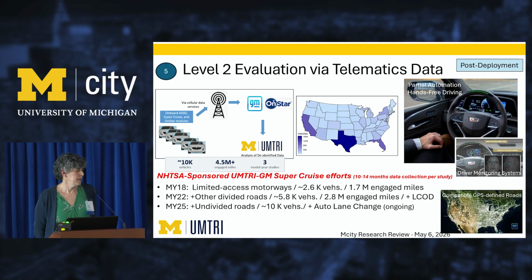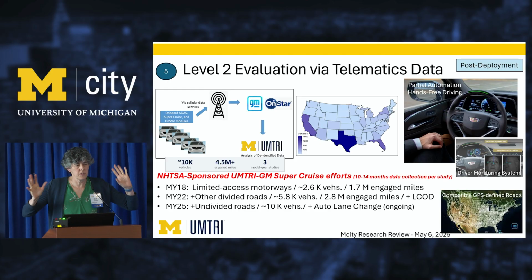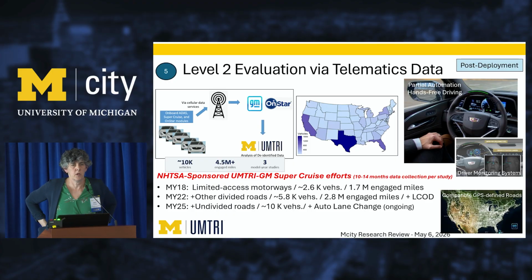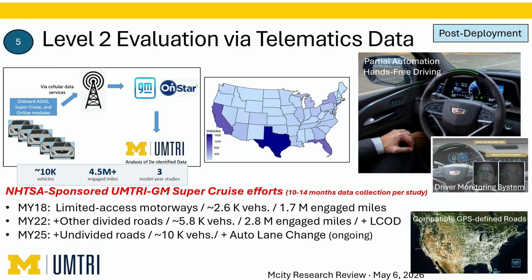All right. So the last few, again, this is obviously a quick overview of many things that we're doing. Working together, our groups do a lot of this kind of stuff, essentially on-road testing. This slide, and I believe the next one, is talking about a very large-scale telematics-based evaluation of a level 2 system.